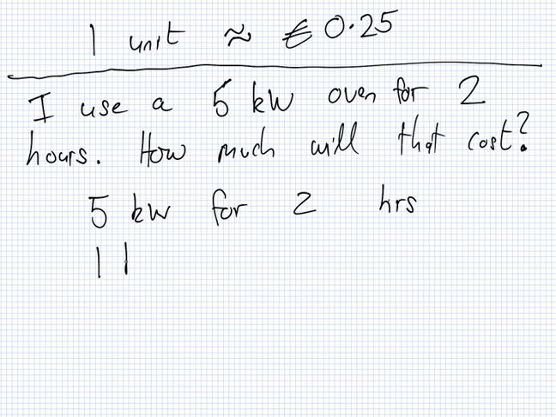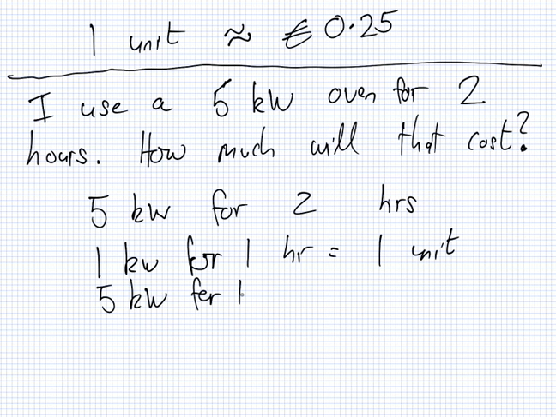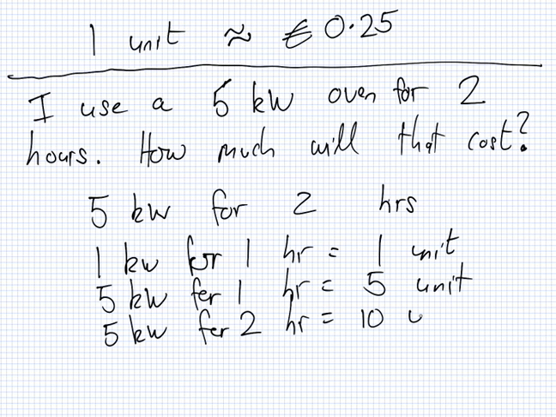Well, 1 kilowatt for 1 hour is 1 unit. So 5 kilowatts for 1 hour is 5 units. So then 5 kilowatts for 2 hours is 10 units.